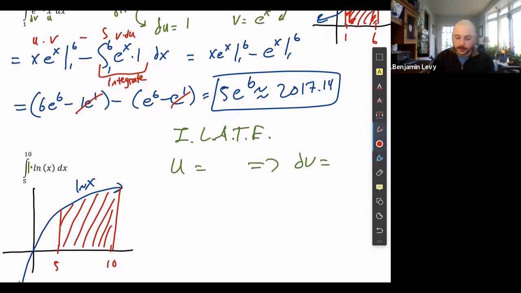There's no inverse trig function, but there is a log, an ln. And so that ends up being the u. And then that means dv is the other thing, quote unquote, and the other thing is just the number 1.